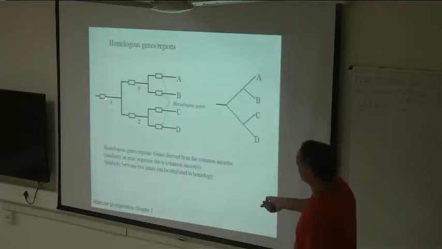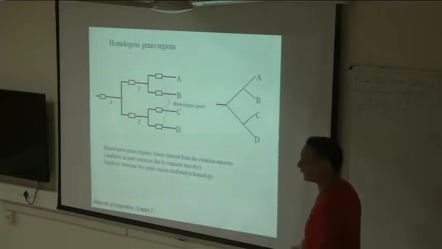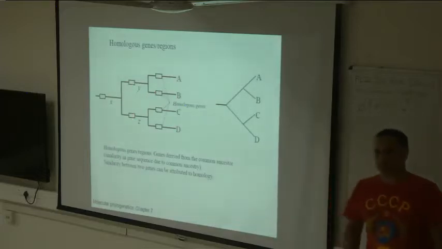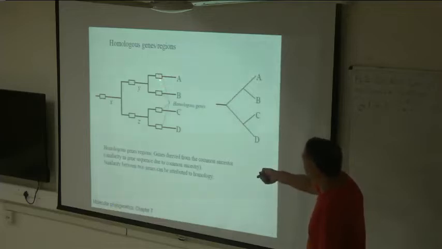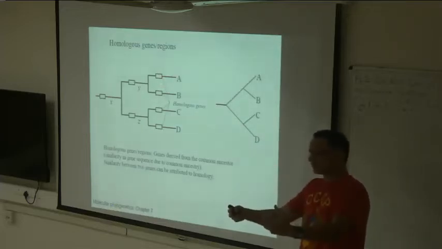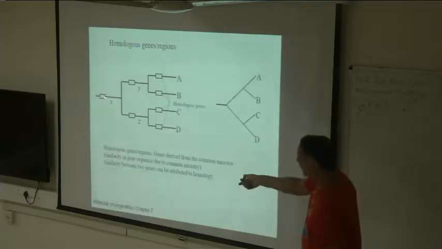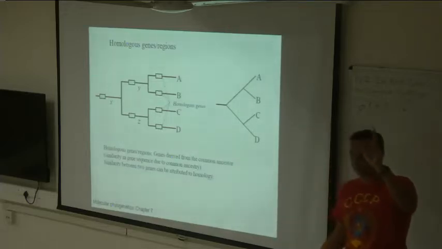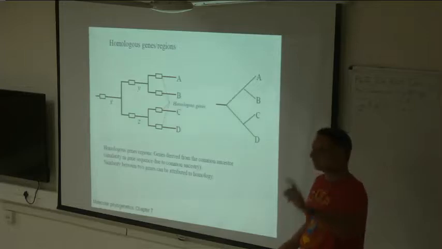So this common ancestor of A, B, C, and D had one particular gene. That gene was then inherited by the daughter species. Today you sequence that gene. They are pretty much identical because they were all derived from that one common ancestor that had the gene.